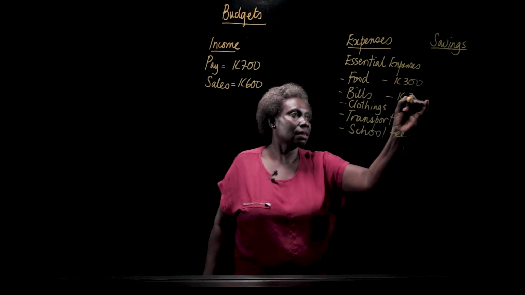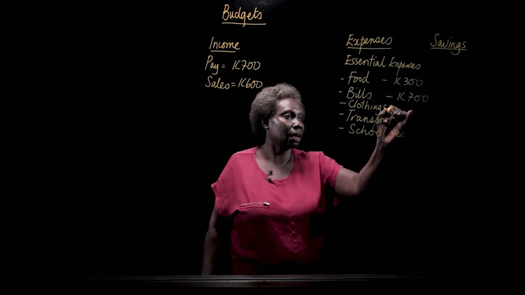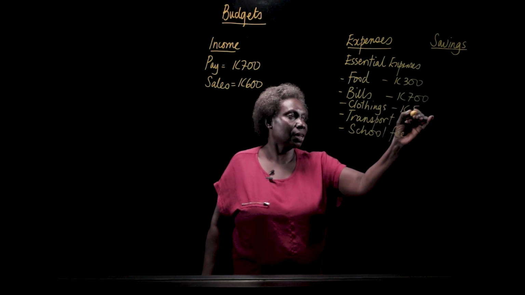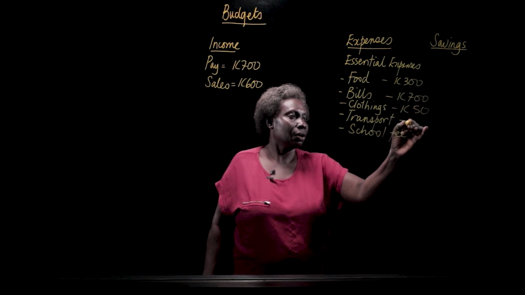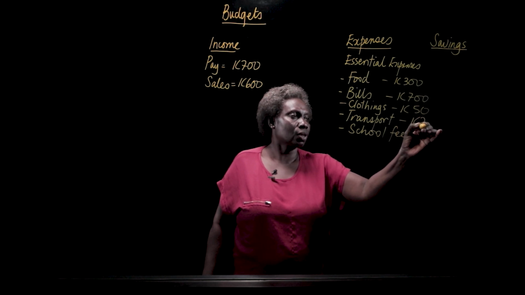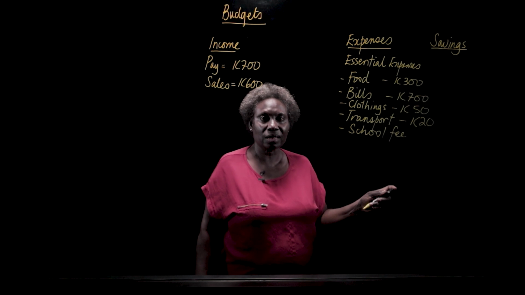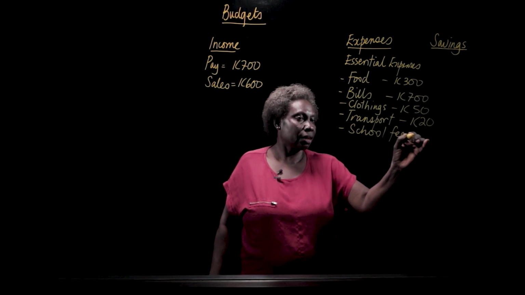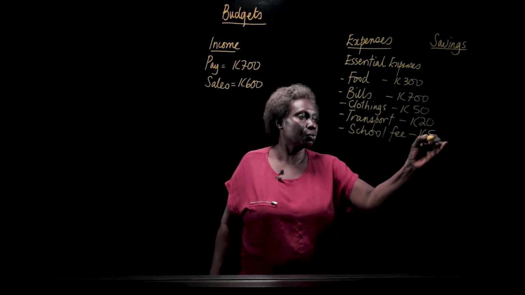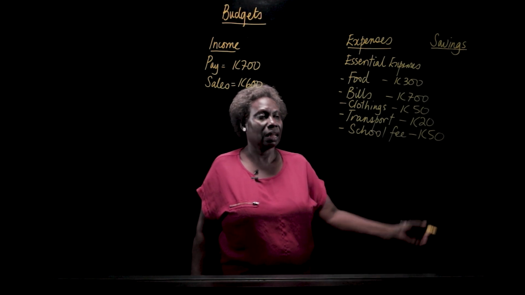For bills, 700 kina. For clothing, 50 kina. For transport, of course, he has to use the cheapest means of transport using a bus, so 20 kina for transport, and for school fee, 50 kina.